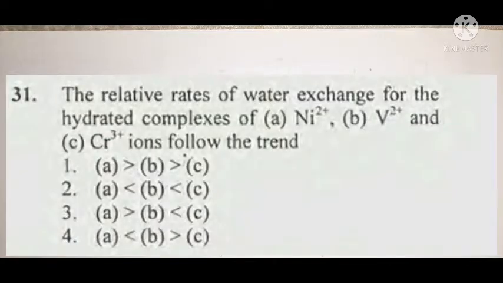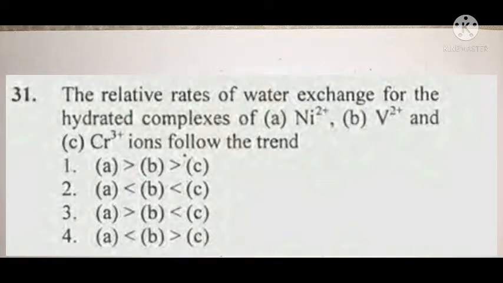Now we move towards our next question. It says the relative rates of water exchange for the hydrated complexes of nickel 2 plus, vanadium 2 plus and chromium 3 plus ions follow the trend, and we have 4 options. So in this question we have water exchange reactions of these nickel, vanadium and chromium compounds, and you must find the order of the rate of the water exchange reactions for these complexes.